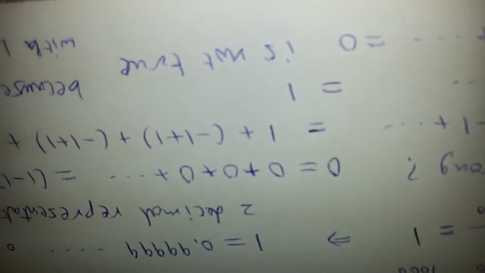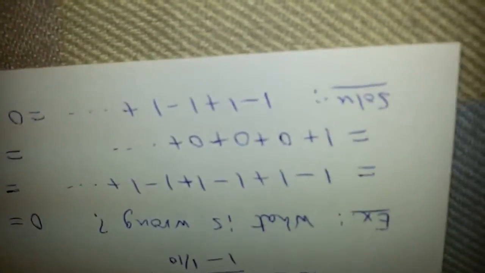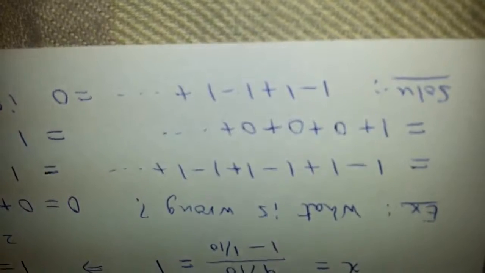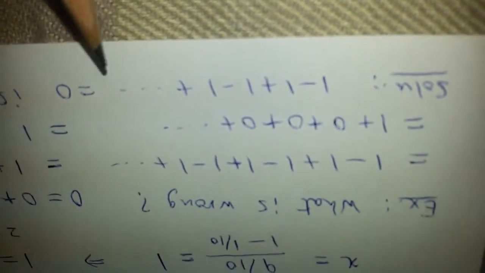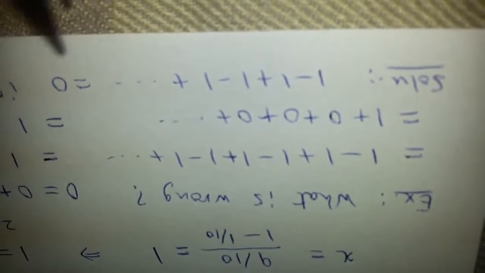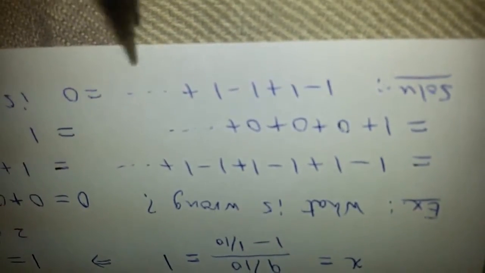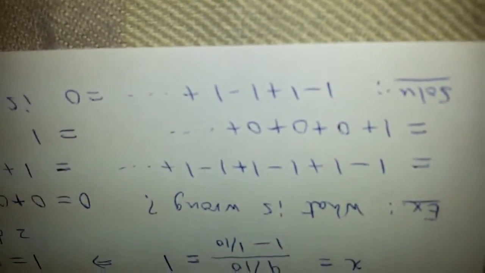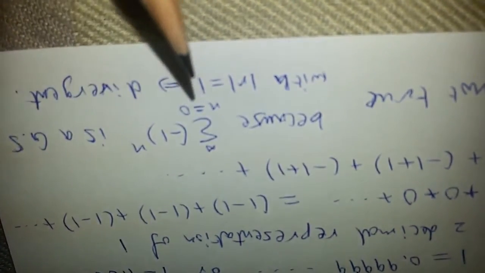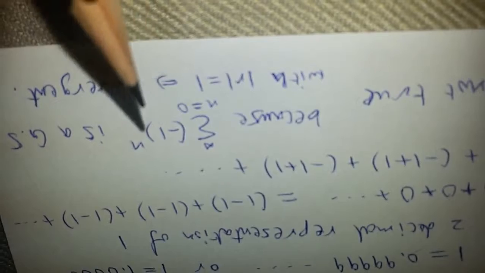What is wrong in this computation? Well, you cannot say 1 minus 1 plus 1 minus 1 plus 1 minus 1 equals 0 forever. Why? Because this is an infinite series. And you can write it as negative 1 to the power n, isn't it? Put 0 in n, you get 1.